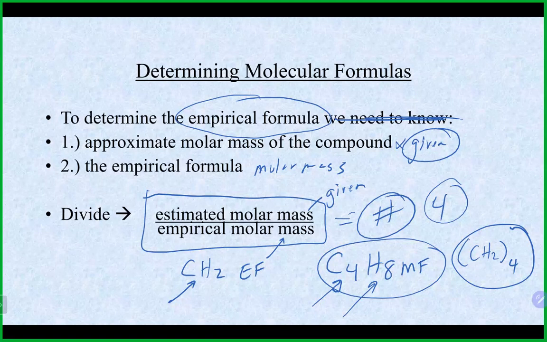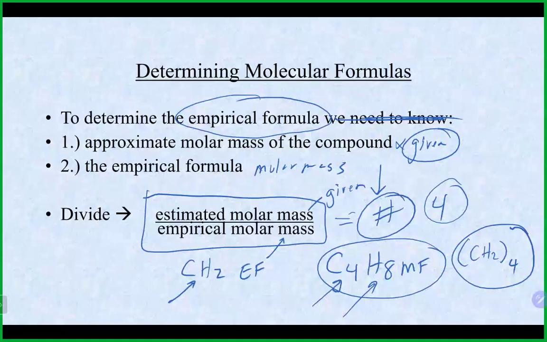But sometimes you're not given the exact molar mass of the compound, so you're given an approximate value. So when you do this division, you sometimes may not get a nice pretty whole number, so you can pretty liberally round at that point to the nearest whole number. But definitely on the previous step, when you did the empirical formula, you shouldn't be rounding unless it's really close.